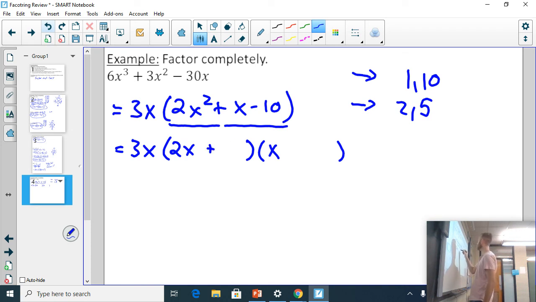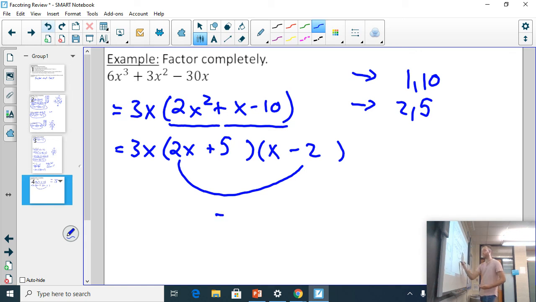What if I do plus 5 here and then minus 2 here? Because then 2x times negative 2 is going to be minus 4x. And then 5 times x is going to be 5x, which together just equal a single x, which we have up there.